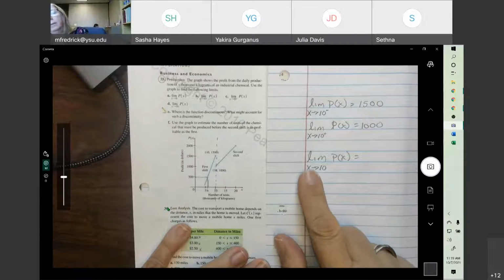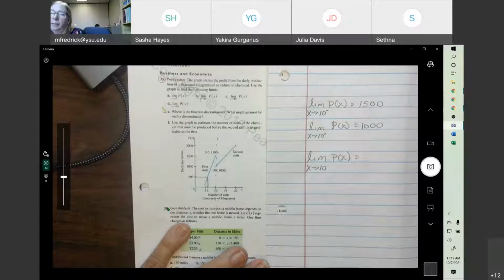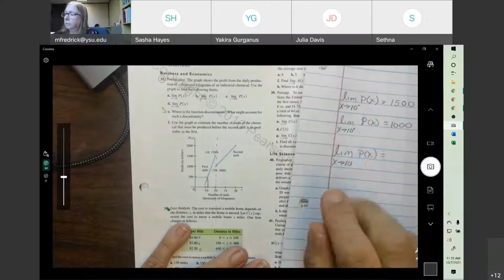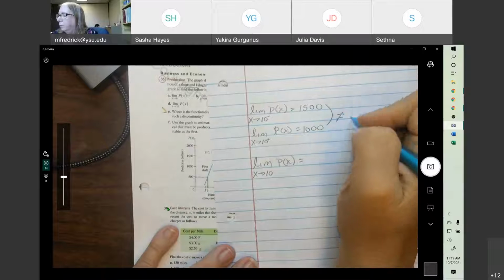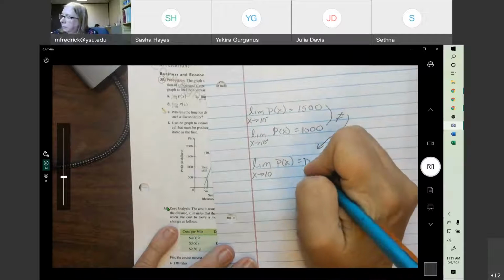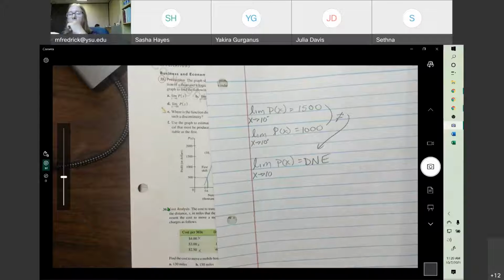So then what's the limit as X approaches 10? Anyone? Does not exist. Exactly. If these two are not equal, this one does not exist. Any questions on that?